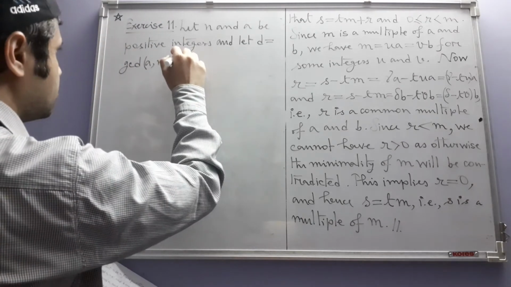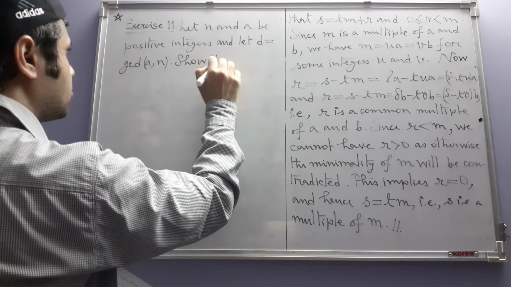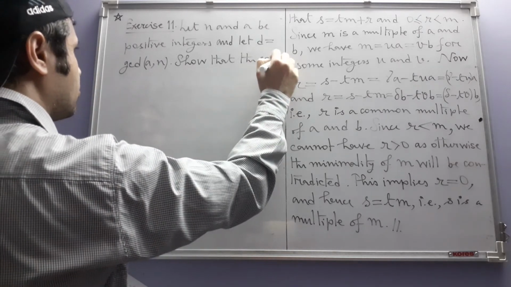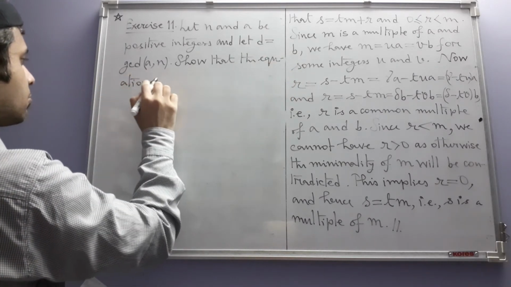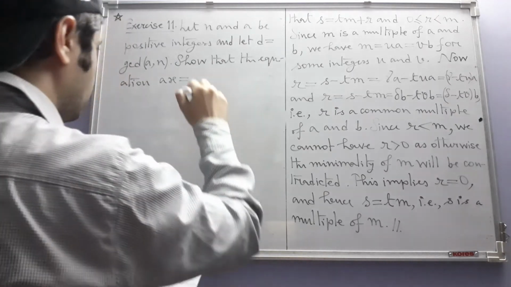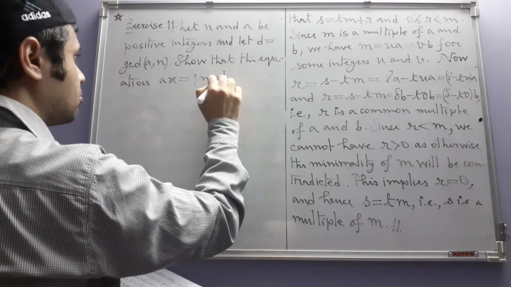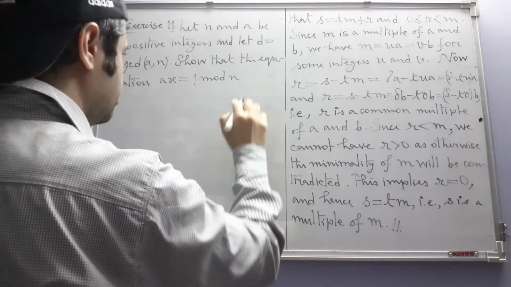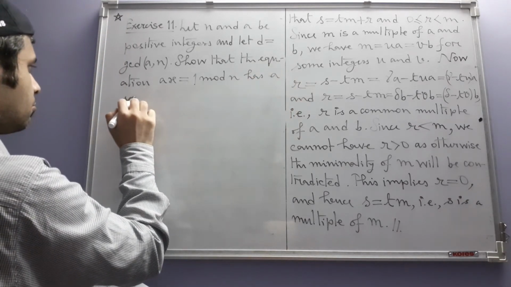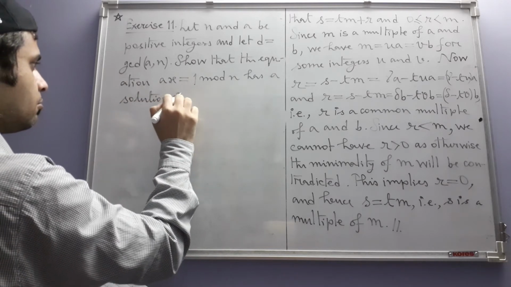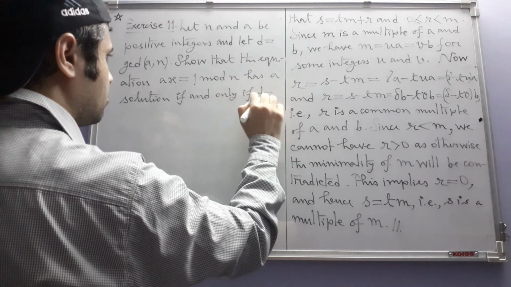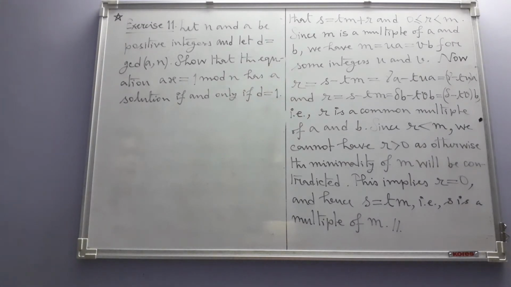Show that the equation ax equal to 1 mod n has a solution if and only if the GCD is 1.